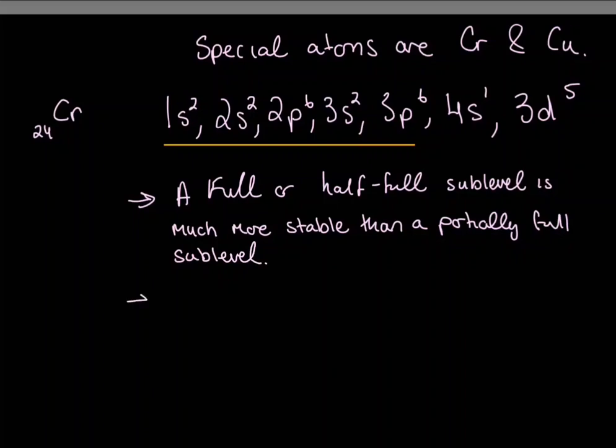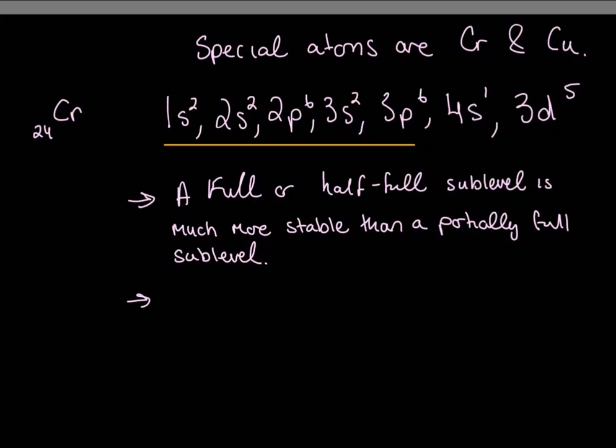Okay, so that note just says a full or half full sublevel is much more stable than a partially full sublevel. So 3d4 would be partially full, and it's so close to being half filled that it just moves the electrons around to gain that extra stability.